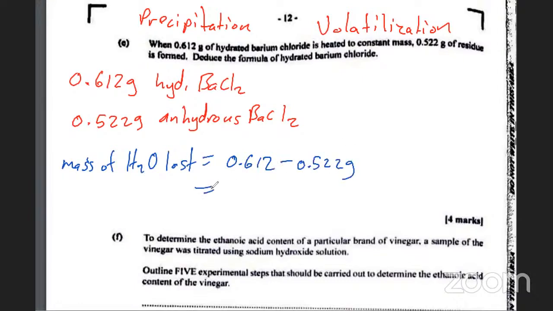And you should get 0.09. All right, so you have the mass of water, you have the mass of anhydrous barium chloride. What we're going to do now is similar to empirical formula. Barium chloride and water. We're going to work out the moles of barium chloride and water.